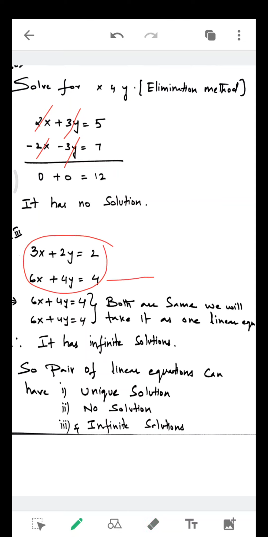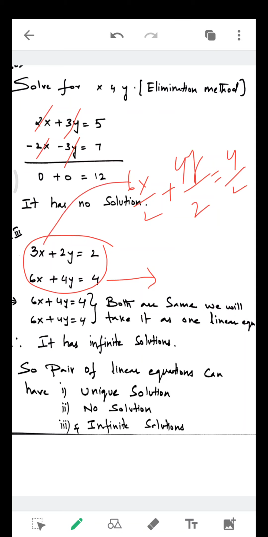Just when you divide the second equation by 2, you will get the first. Divide the second equation by 2: 6x by 2 plus 4y by 2 is equal to 4 by 2. What will you get? You will get 3x, you will get 2y, and 4 by 2 is 2. So there is no difference between these two equations.